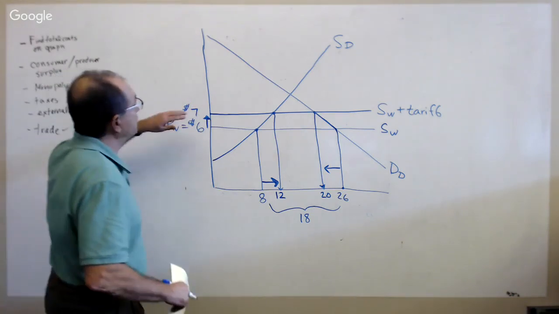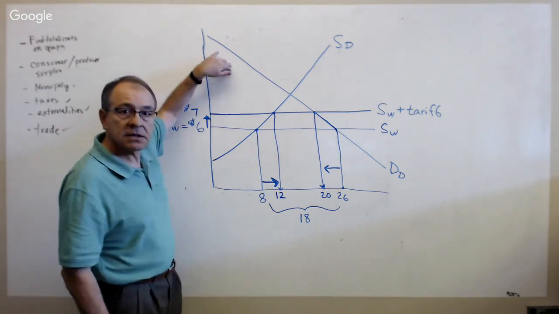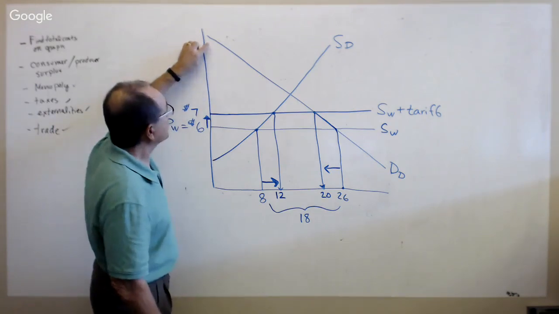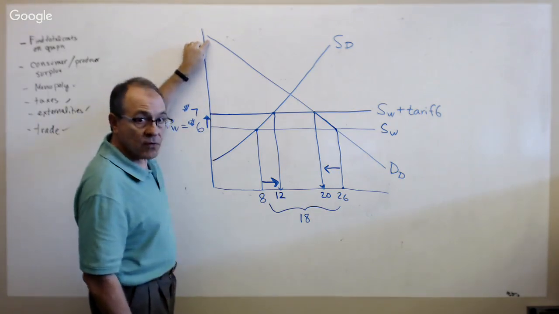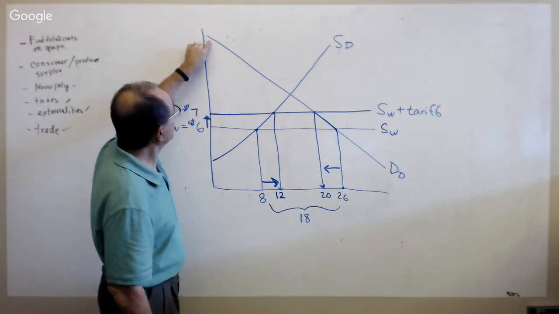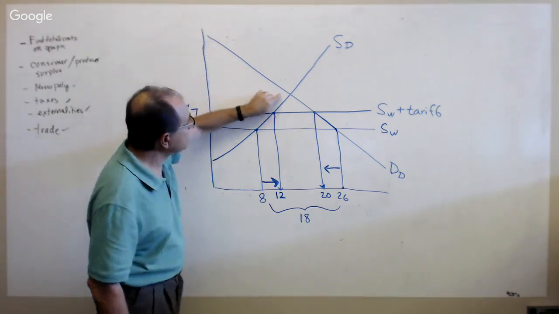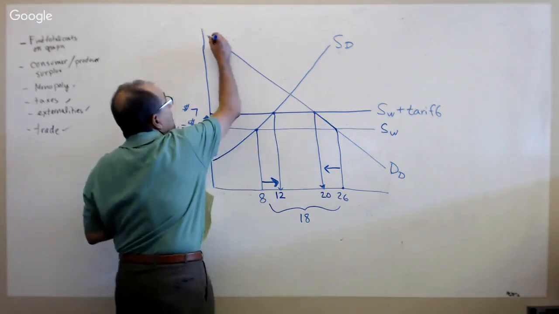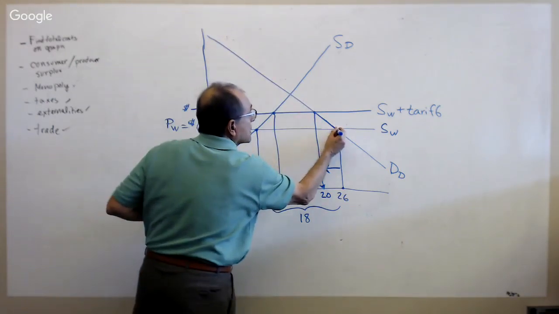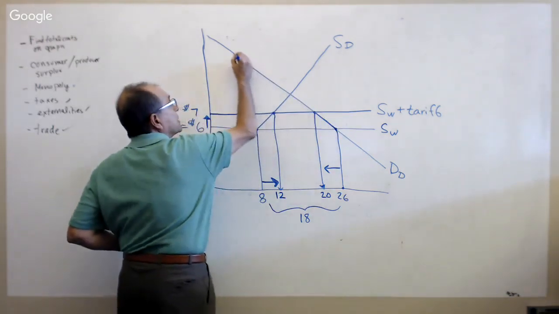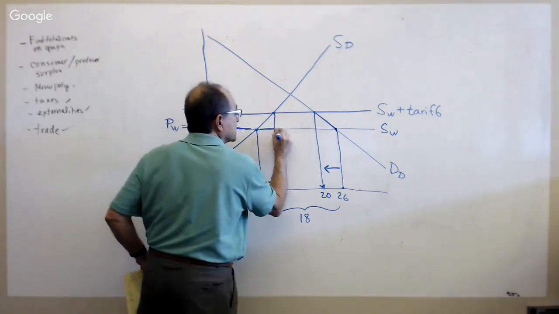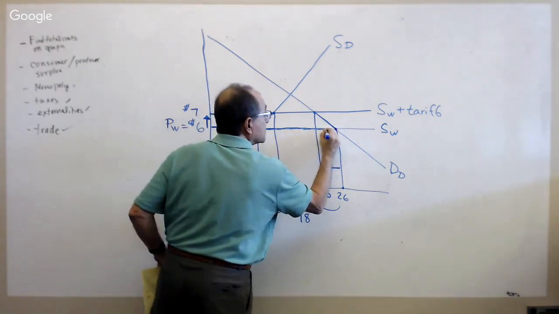If you paid attention to Kara's presentation, you would know that consumer surplus before the tariff increase was the area underneath the demand curve, but above the price that consumers are paying in the market.